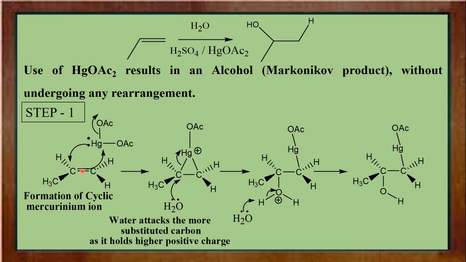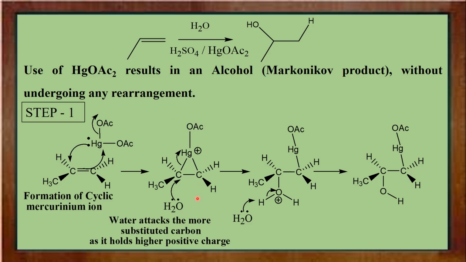So both the steps are taking place simultaneously, resulting in the formation of cyclic mercurinium ion. There is no separate carbocation generated. Both the double bonded carbon atoms are now bonded with mercury in cyclic mercurinium ion.